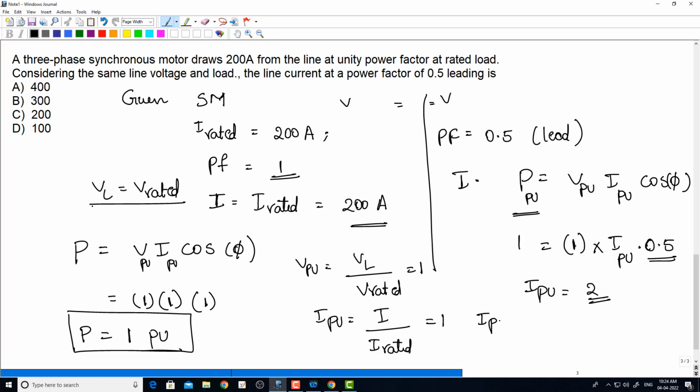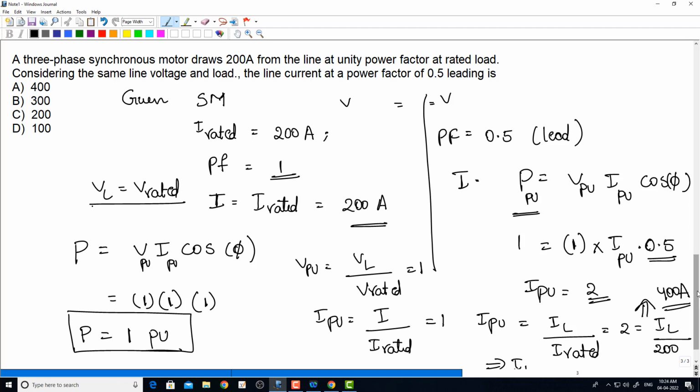So, I per unit is equal to IL divided by I rated. That is 2 is equal to IL by 200. Implies IL is equal to 400 amperes.